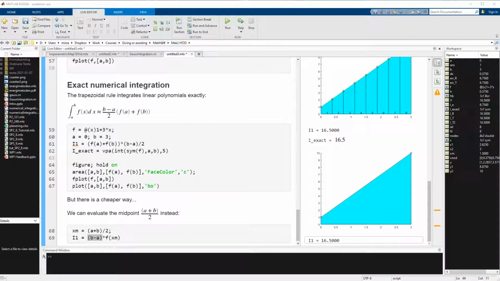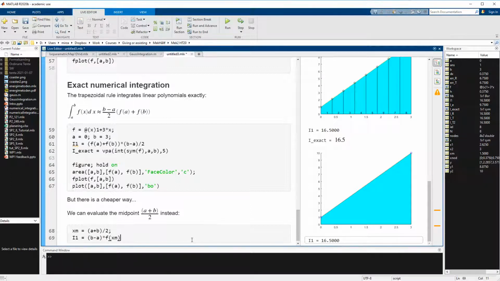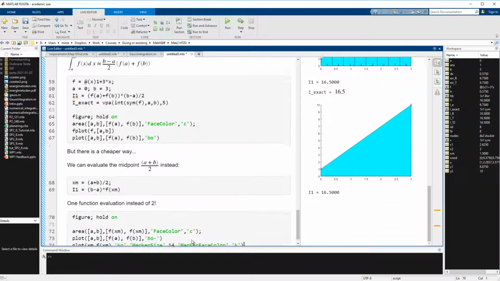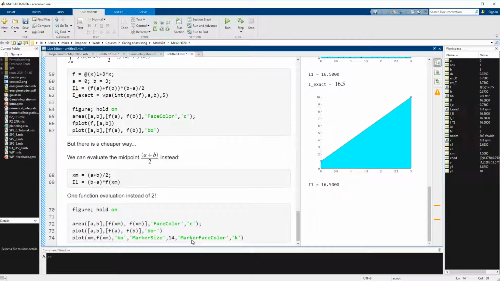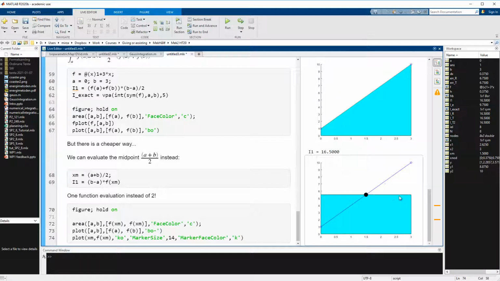Now, just take a second and think about why this works. We have one function evaluation instead of two, and we're getting the exact answer. And of course, this works because we're making the same error on both sides, and your mathematics teacher should have shown you this example already.